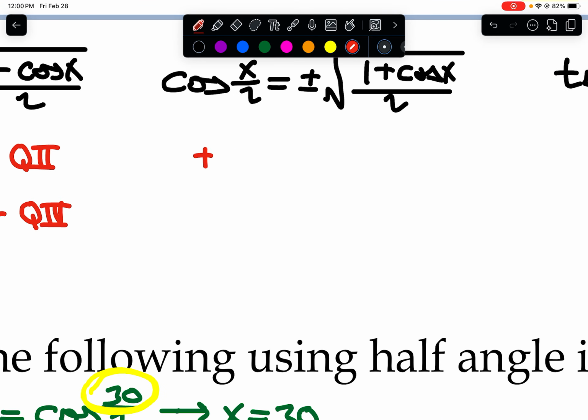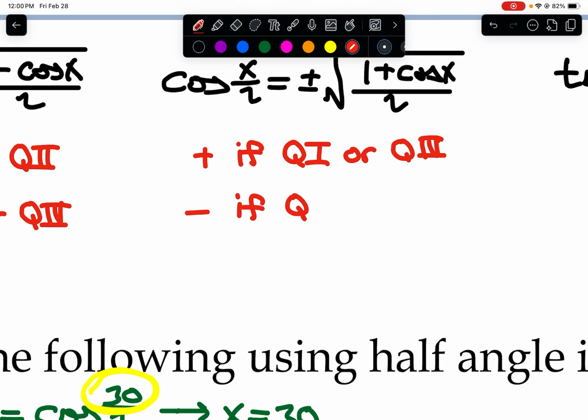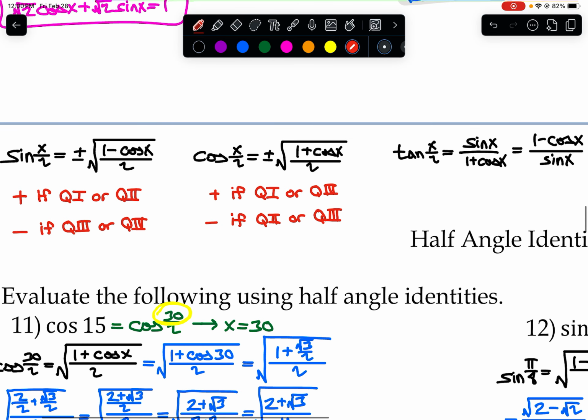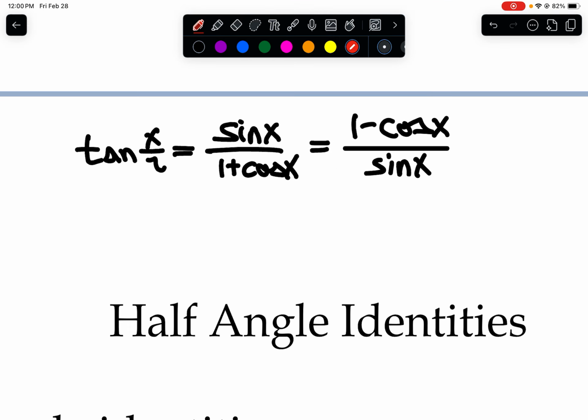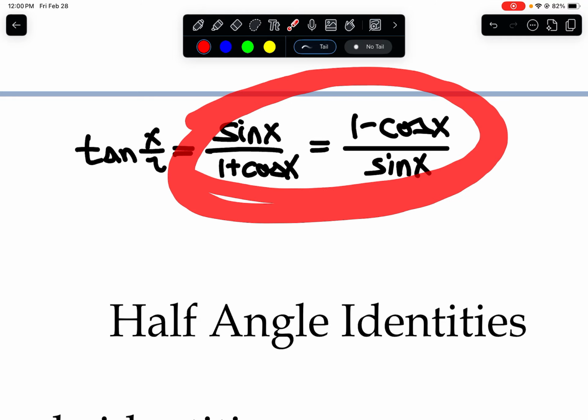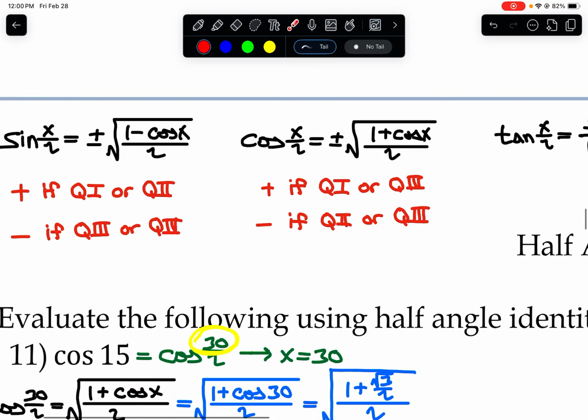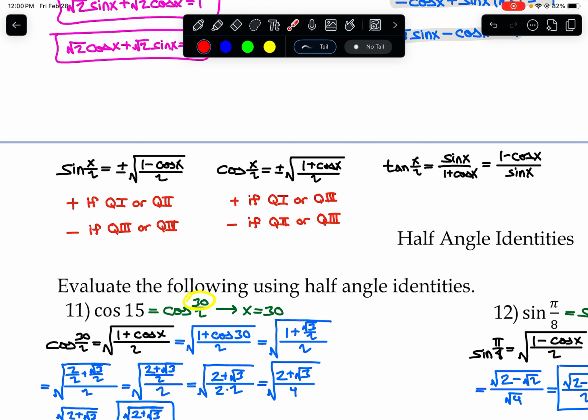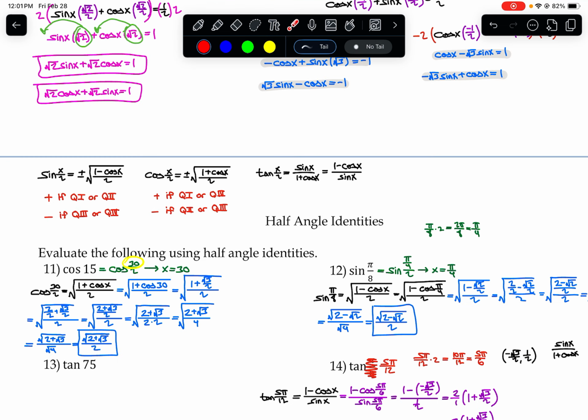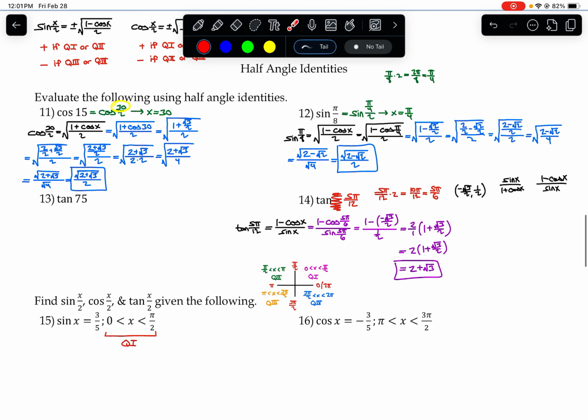We're going to be positive if we're in quadrant 1 or quadrant 4, and then negative if quadrant 2 or quadrant 3. And with tangent, notice how there's no plus and minus. That's because the sign of the angle will be taken care of when you actually plug in for sine and cosine. So you don't have to add in that positive or negative. It'll be taken care of for you when you actually evaluate.